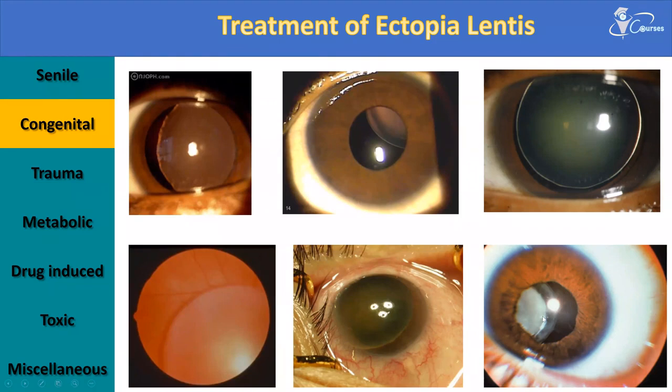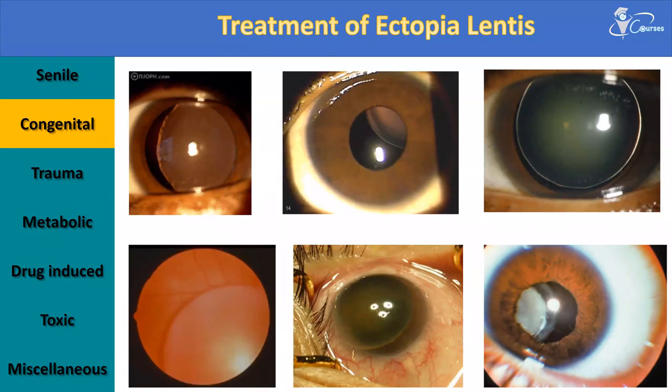This is a patient who had a cataractous dislocated lens. So those patients should have the lens removed because of the cataract and because of the dislocation. So you can see how every scenario is different.